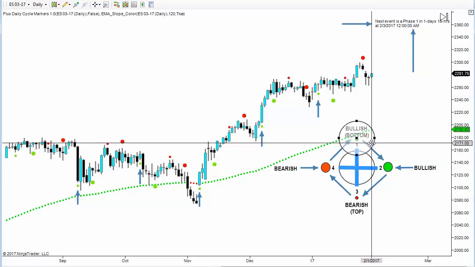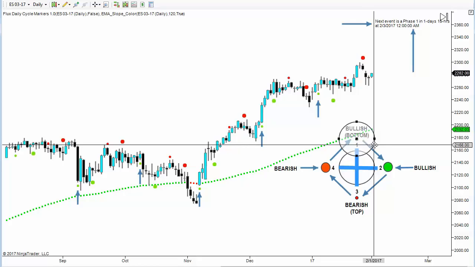Okay, so that's important to understand when we're watching and looking forward out into the markets, because we've already established that a phase 1 signal carries with it this very observable, very repeated characteristic. It tends to be a push upwards.